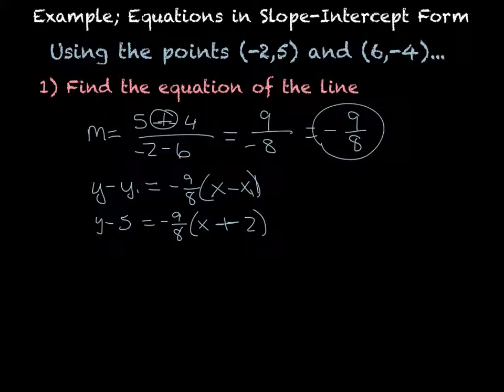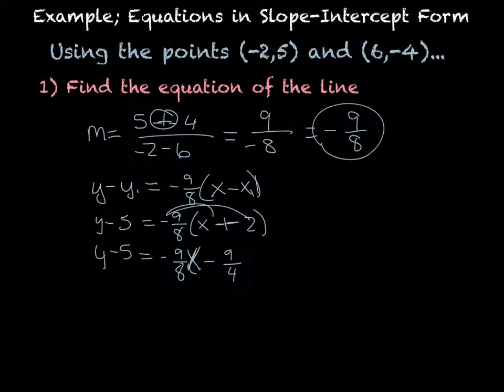Okay, so now I solve. So I have y minus 5 equals -9 over 8 times x minus 9 over 4, because if you multiply here, you get -9 over 4.